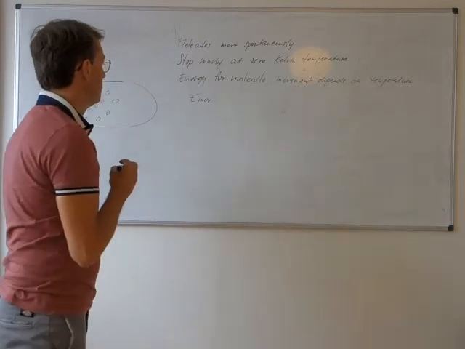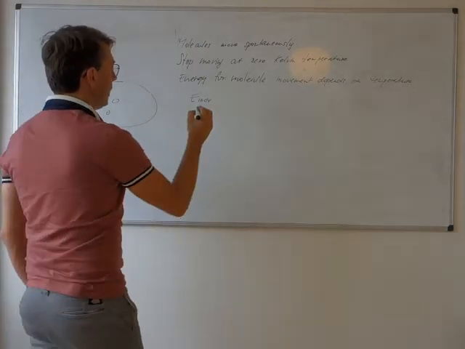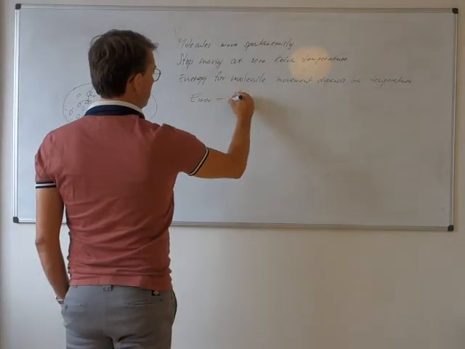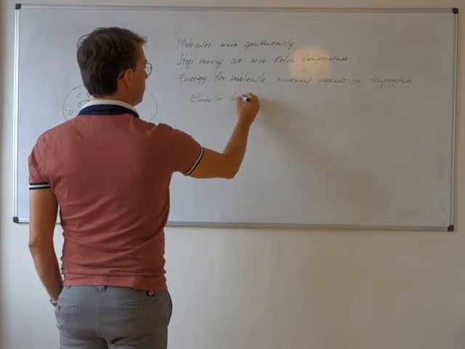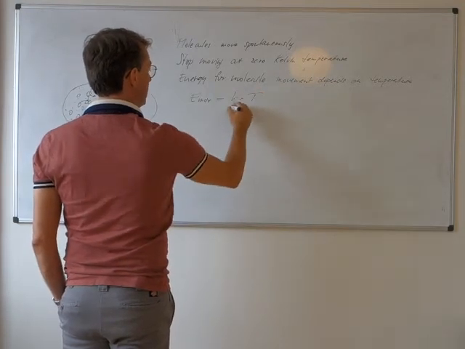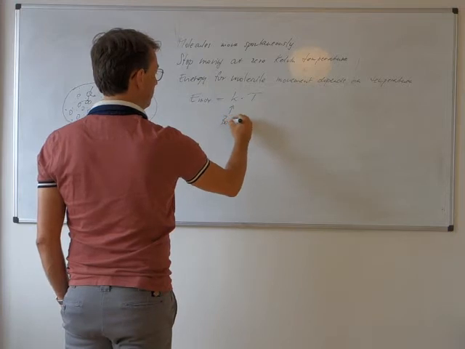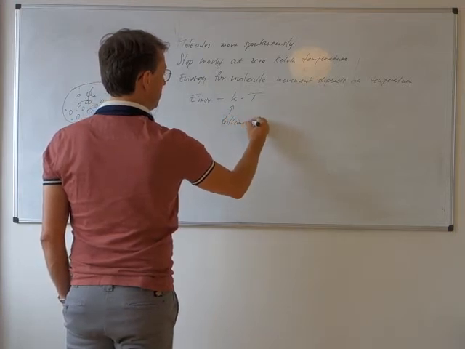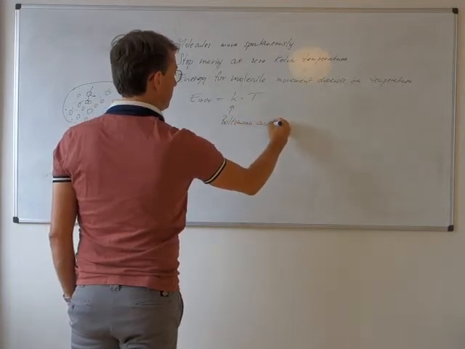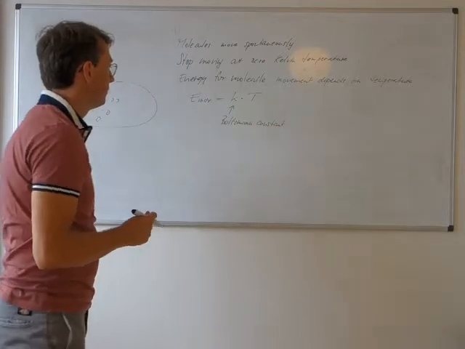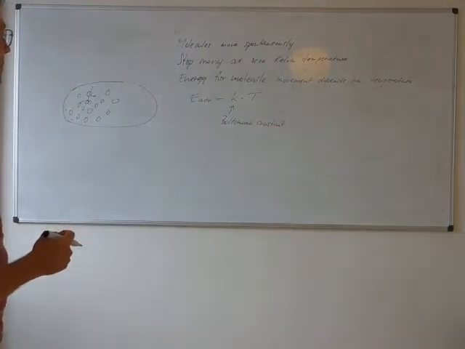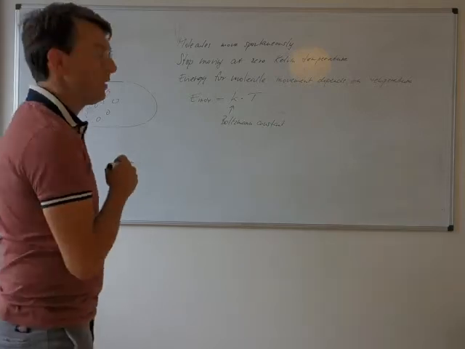Alright. And the energy for movement turns out, this is a constant times T. And that's the Boltzmann constant. You can look that up. And the temperature you can measure with a thermometer. So we know the energy available for movement.